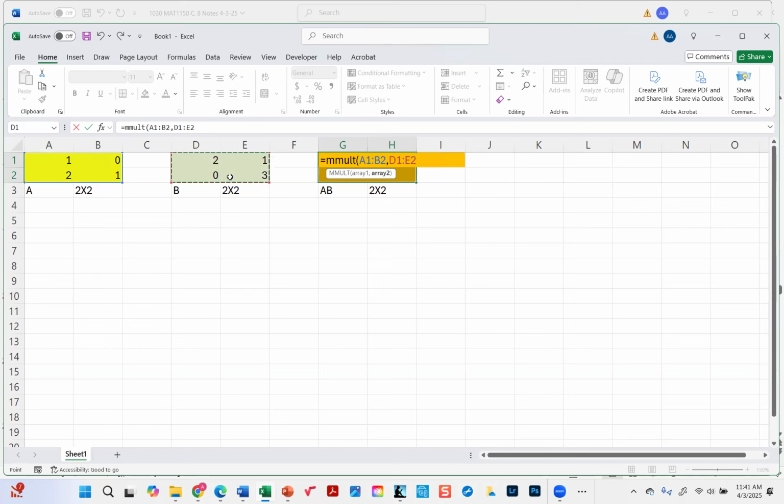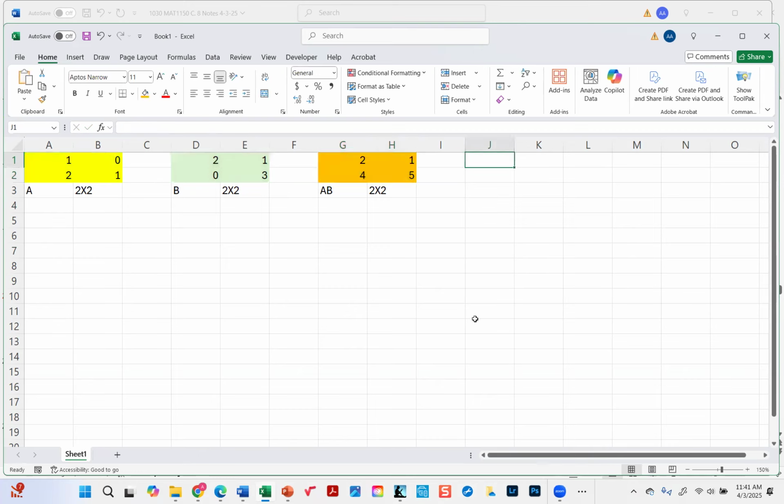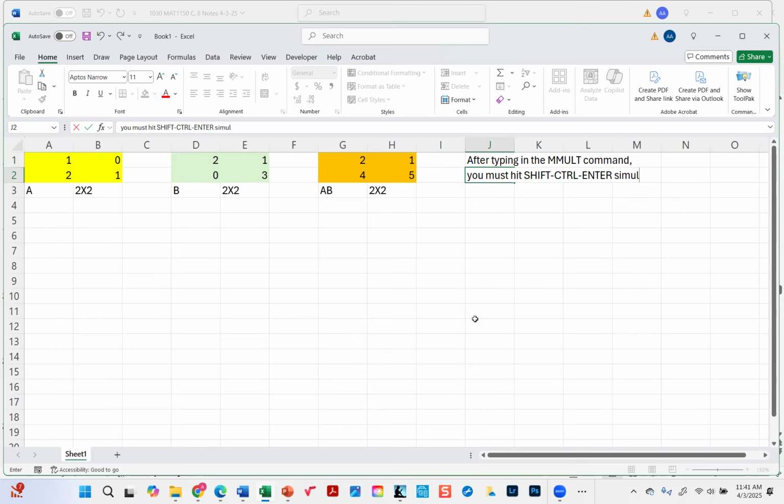And the tricky part, which makes it different from other commands in Excel, is you have to hit Shift Control Enter. So after typing in the MMULT command, you must hit Shift Control Enter, or whatever the Mac equivalent is, simultaneously, all at once, to get a result.